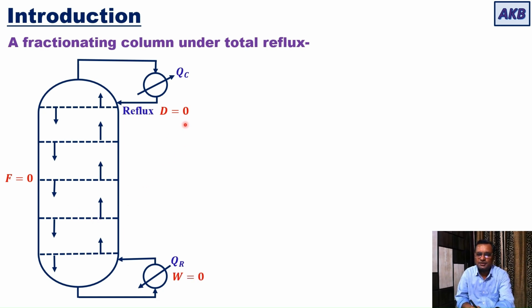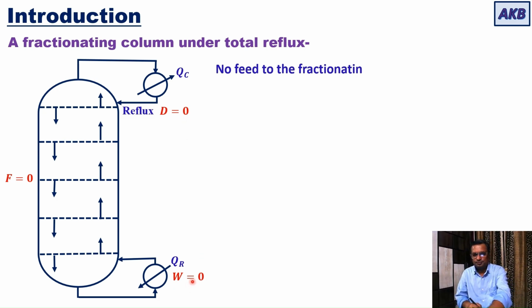Then no distillate is taken out and no bottom product is taken out. This is a simple schematic of a fractionating column operating under total reflux. No feed, that is F is equal to 0. No distillate, that is D is equal to 0. No bottom product, that is W is equal to 0.